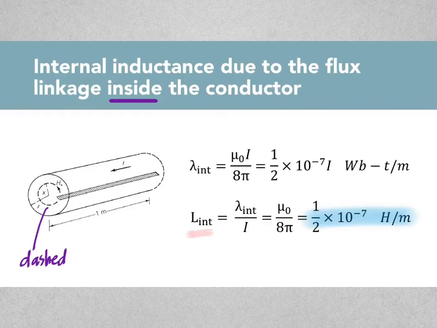And you can observe that to be a constant. There are no other parameters involved here. So that's the internal inductance. When we say internal inductance, it is the inductance that is due to the flux inside the conductor.